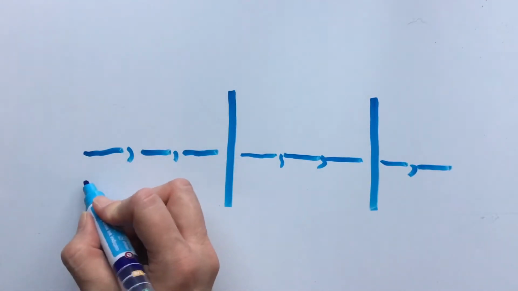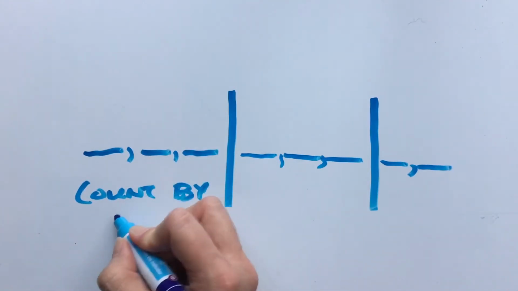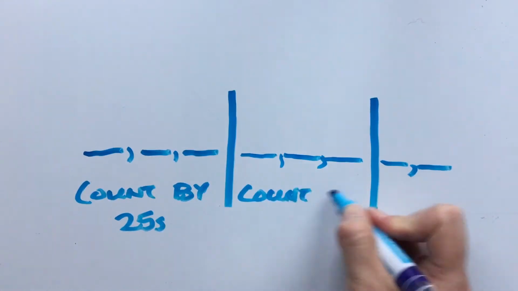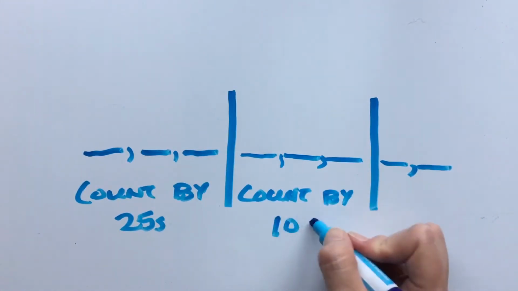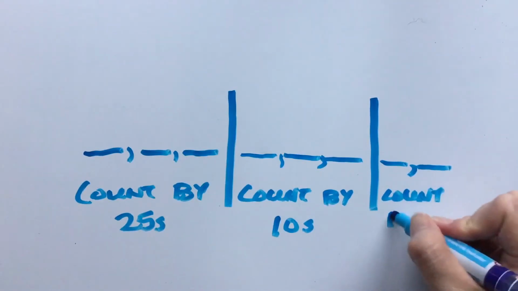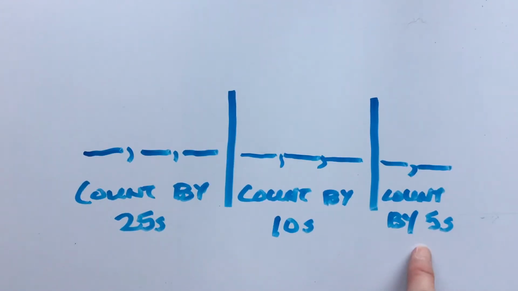Okay, so first I'm going to count by 25s, then I'm going to count by 10s, and then I'm going to count by 5s. Okay, it just fits in there. So I've got 3 quarters, 3 dimes, and 2 nickels. I want to find the value.